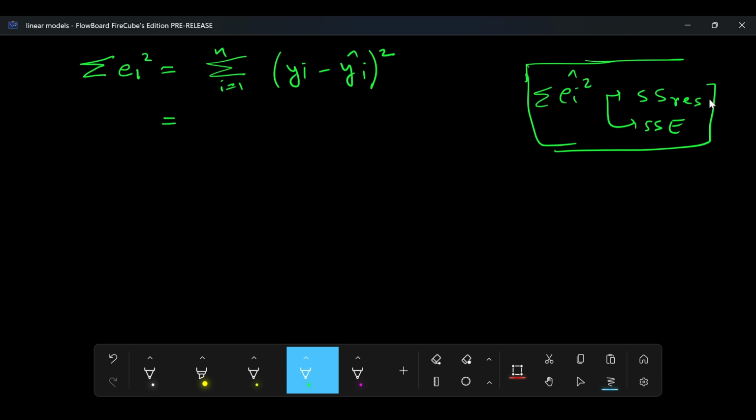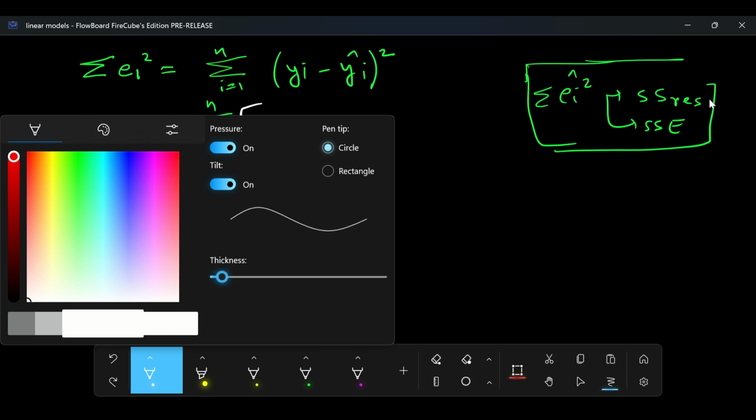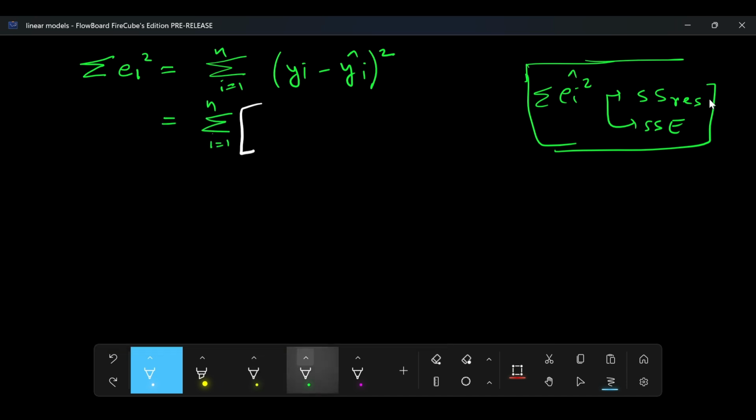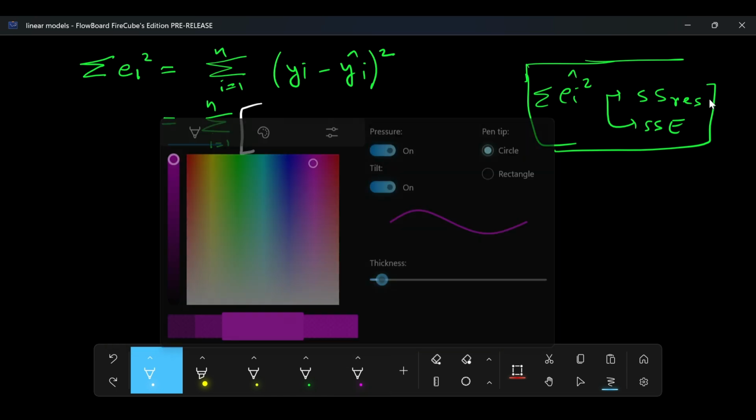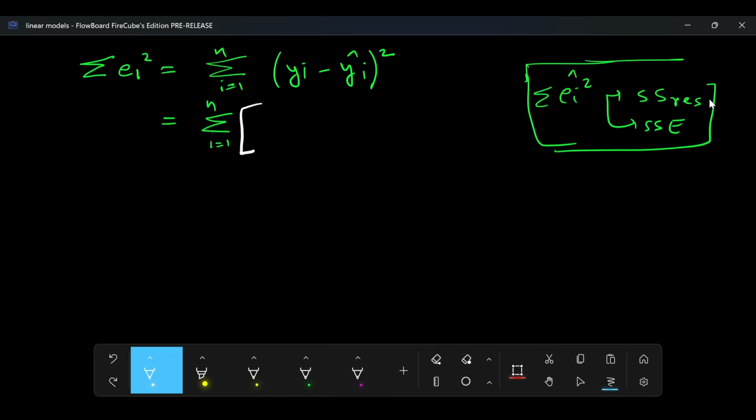Now, this can be written as summation i is equal to 1 to n of yi minus yi hat square, where yi hat is beta naught hat plus beta 1 hat xi.